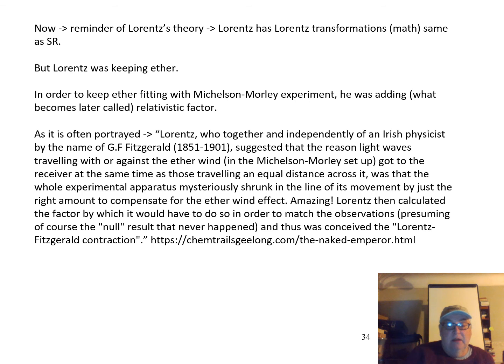So basically Lorentz is trying to keep ether in his theory, but he's adding length contraction to keep the ether.